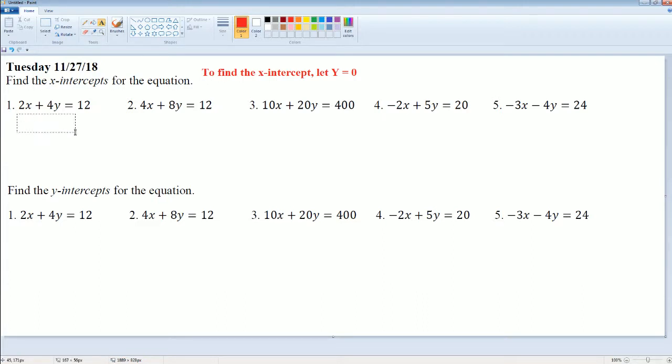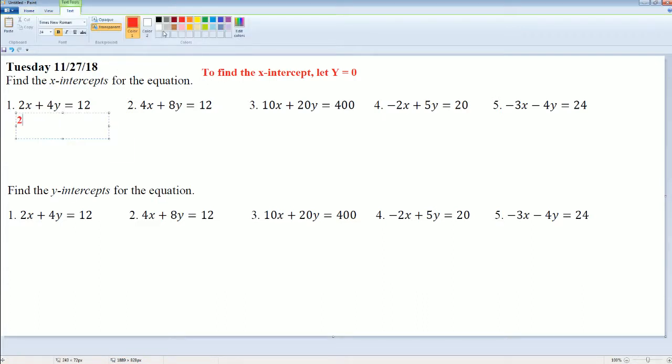So, if you rewrite this, it would look like this. 2x plus 4 parentheses, the parentheses is going to be a 0 here. Do you see that? Because you plug in 0 for y. Because you do that, this 4 times 0 is 0. So it essentially disappears, and it should look like that.